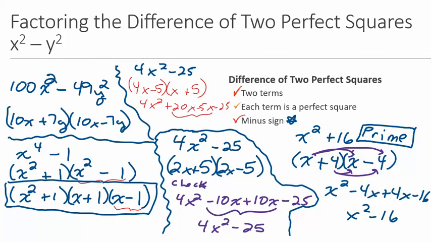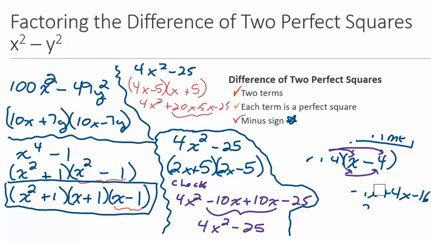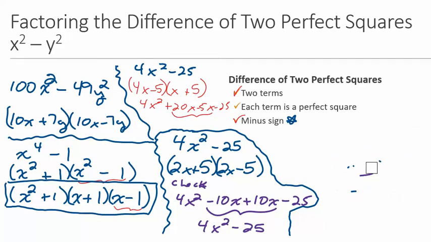Now, sometimes you could have a greatest common factor in with these problems as well. Let me just show you one of those, and we'll end with that. Because those get tricky. Students get tricked with those when there's a greatest common factor in there. Sometimes we forget to look for the greatest common factor, and it can sure make your life easier when you find it.